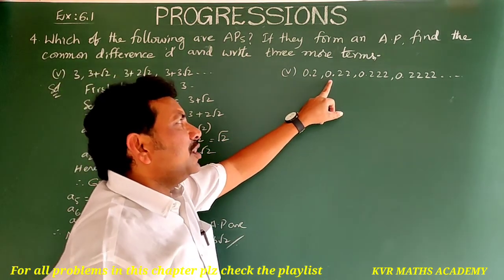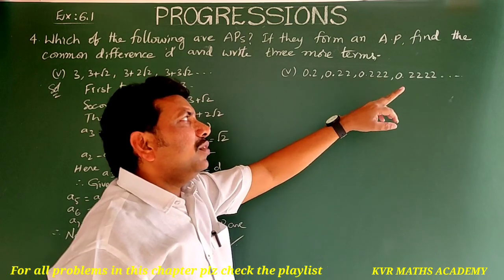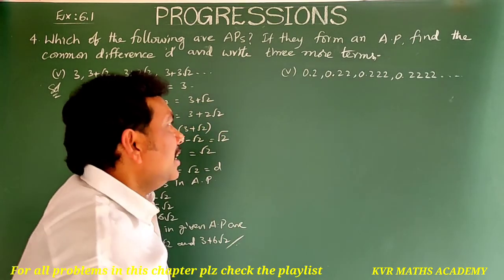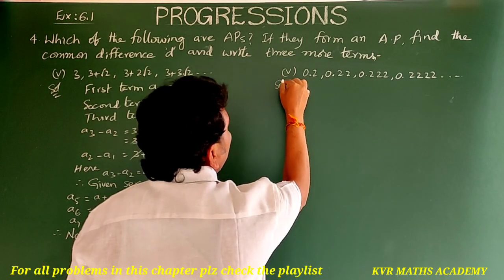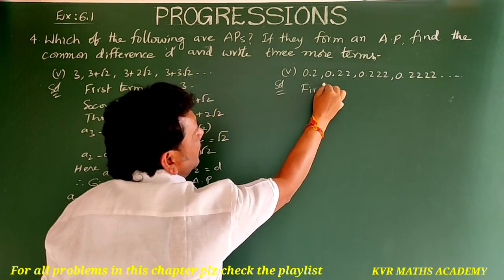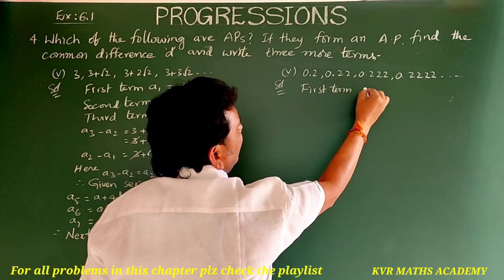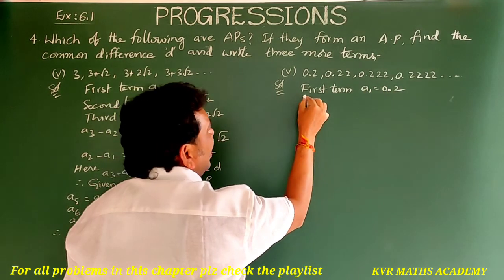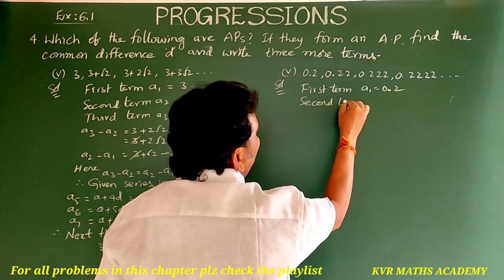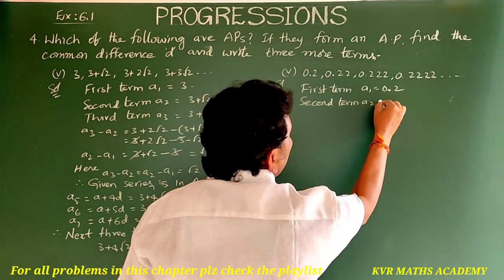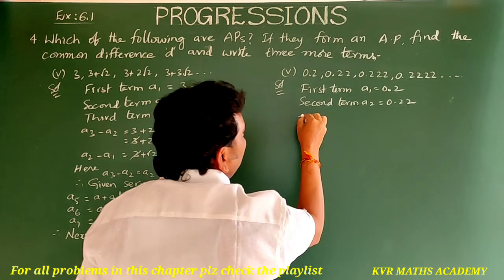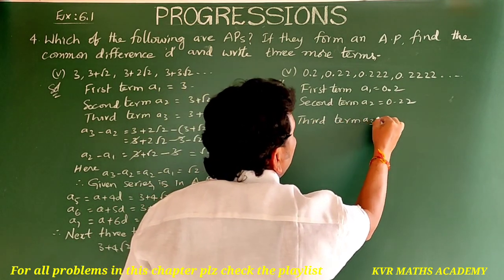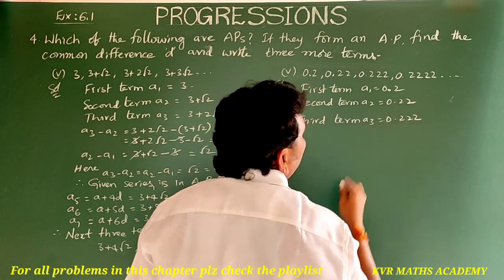Coming to the fifth one. This is 0.2, 0.22, 0.222, 0.2222 has been given. Let us find the solution. First term a1 is equal to 0.2. Next, second term a2 is equal to 0.22. Next, third term a3 is equal to 0.222.